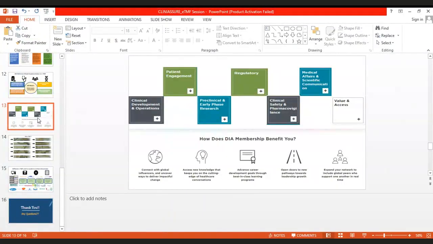I'll give you the example like this. Suppose I am using paper TMF. I am one company, and you are the salesman, and you have the product called an electronic trial master file product, the eTMF product, and you have to sell your product to me.